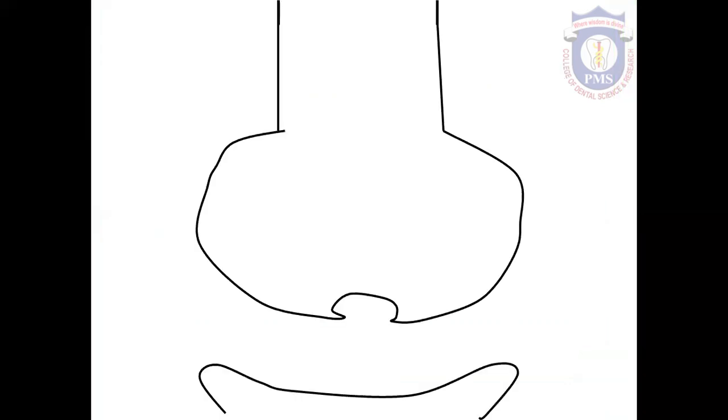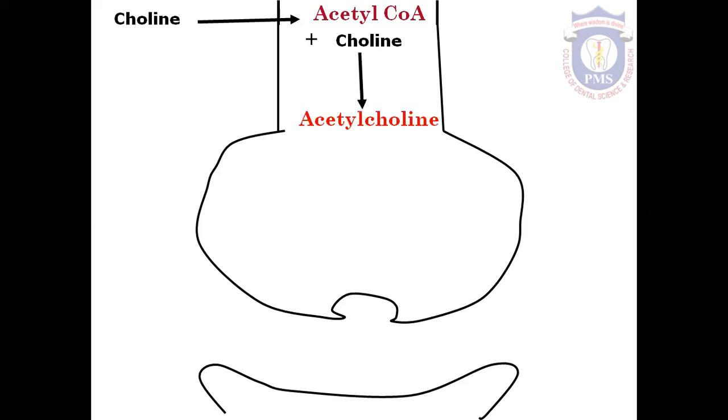This is the structure of a synapse, which consists of a presynaptic neuron and a postsynaptic neuron. The space between these two neurons is known as the synaptic cleft. There is uptake of choline into the presynaptic neuron. In the presence of acetyl coenzyme A, it is converted to acetylcholine. It gets stored in a synaptic vesicle.